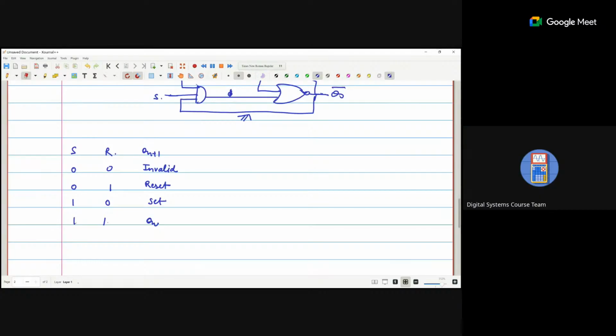Sorry, this is Qn, and this is the invalid condition. Qn and invalid condition.